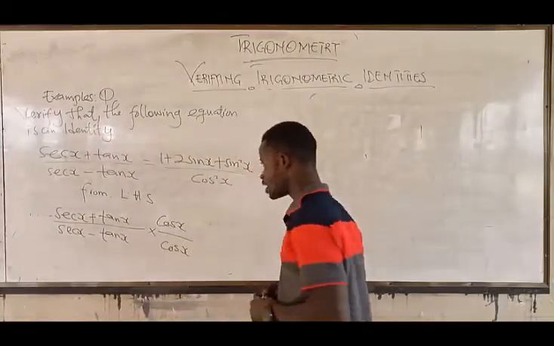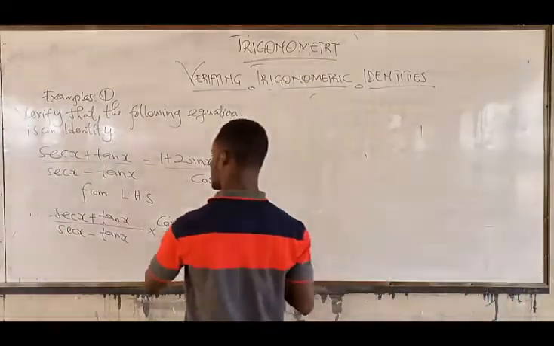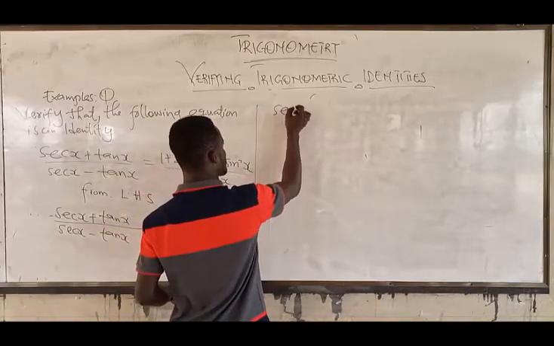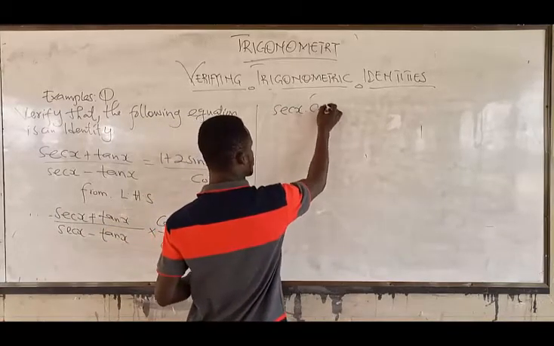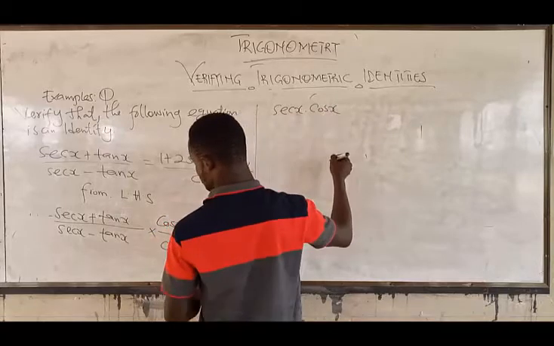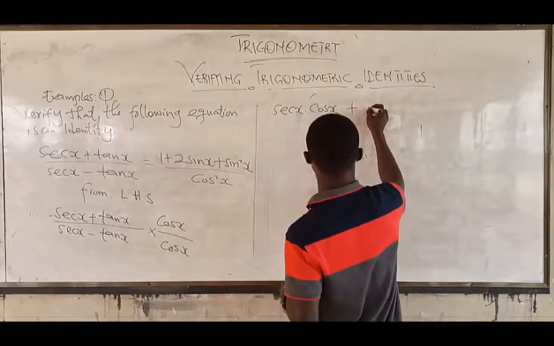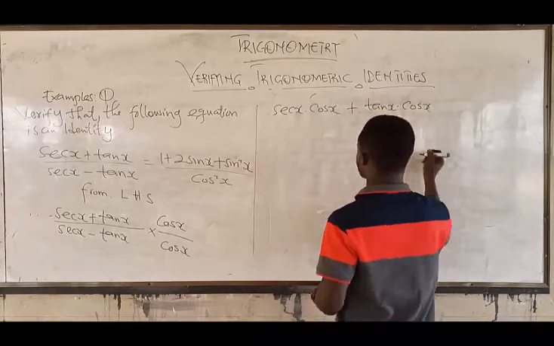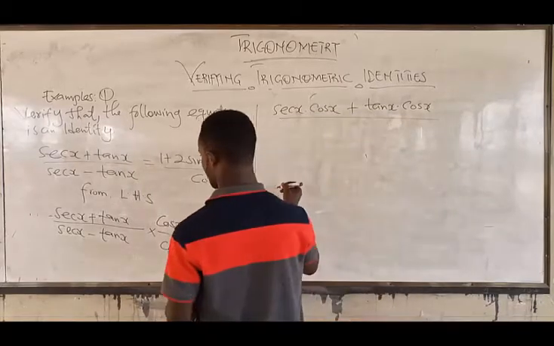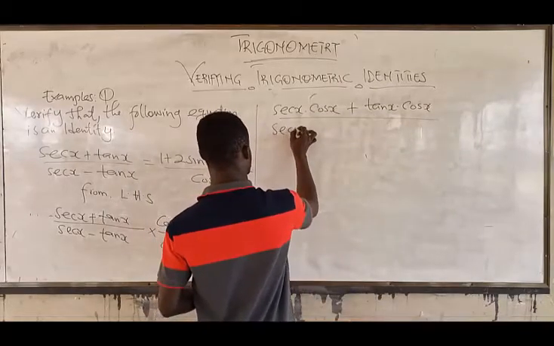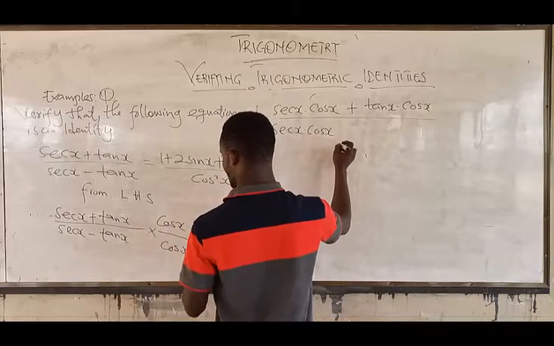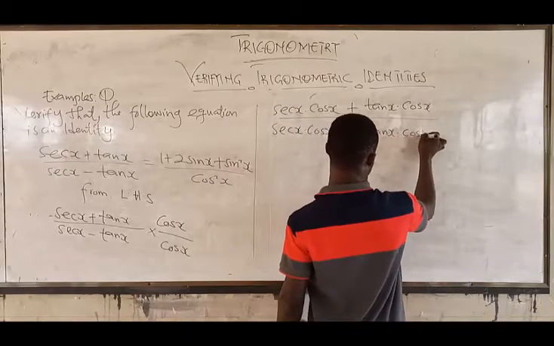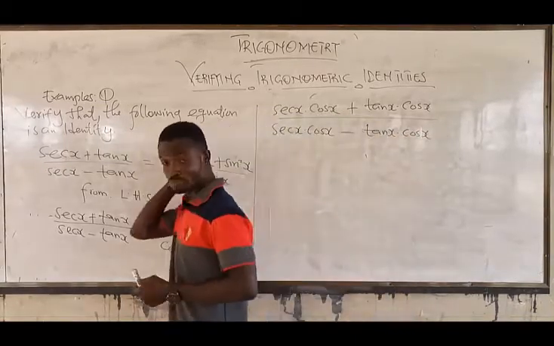Multiplying this, we get sec x cos x plus tan x cos x, all over sec x cos x minus tan x cos x.